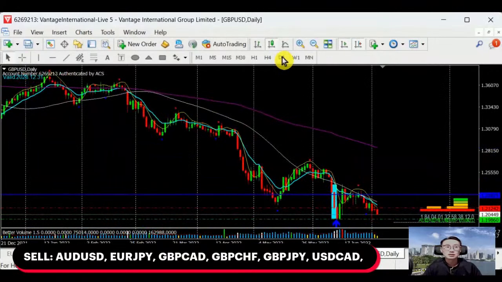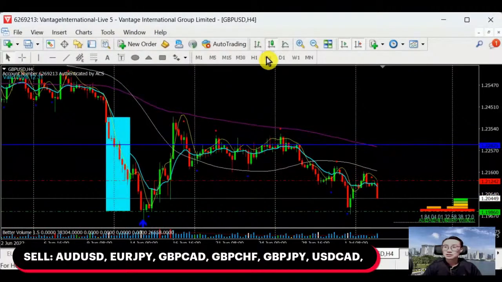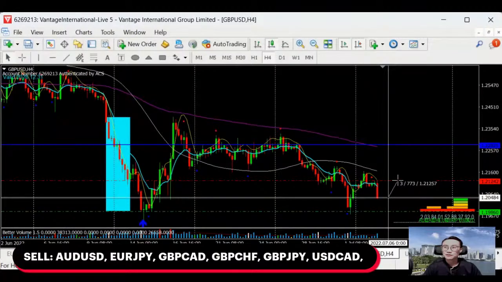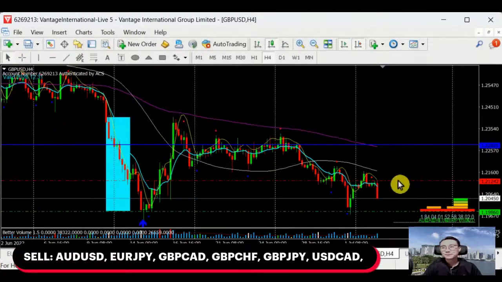It started to turn down, to go back into the bear. So right now we are in the bear. However, if you're looking for pullbacks of just a few pips of small space, you may have a chance, but not now. We have to wait for H4 first.